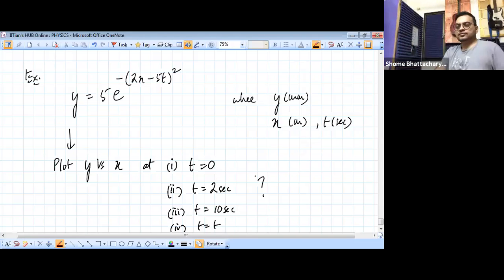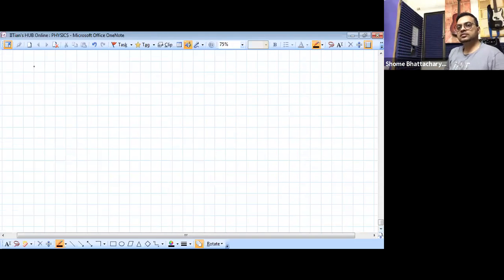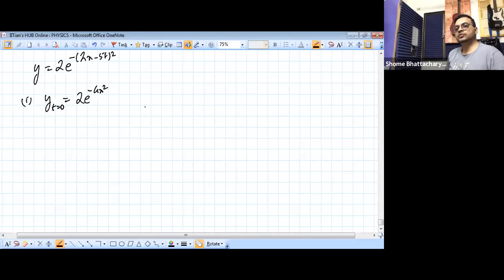Right. So if you plot this graph, you will see that we have this function y is equal to 2 into e raised to the power minus (2x minus 5t) whole square. So now we want to plot it at t equal to 0. So it becomes 2 e raised to the power minus 4x squared.